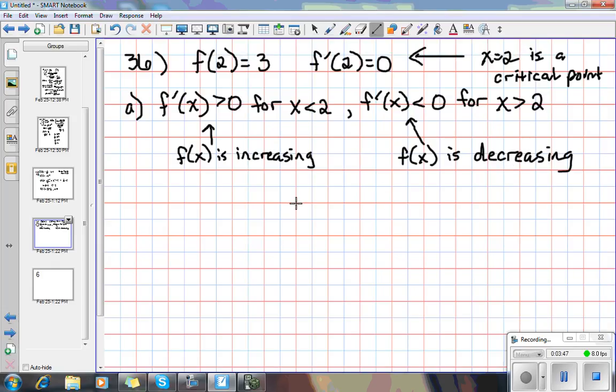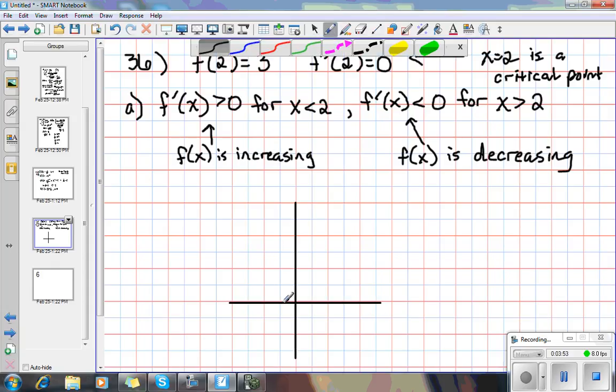Okay, so we have all that information that will help us draw our graph. So if I go ahead and draw this, I'm going to count by ones. I'm told that f of 2 equals 3, so I know that it has to go through this point here. I know that my function is increasing up into that point, and then after that it is decreasing, and it changes directions there.